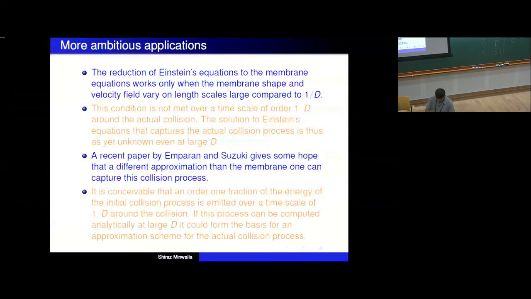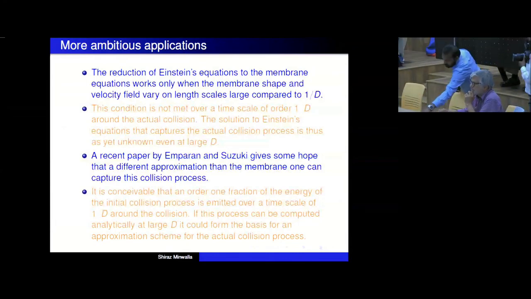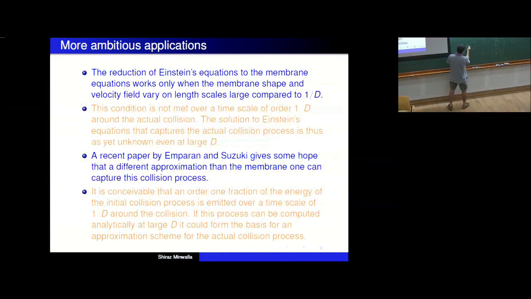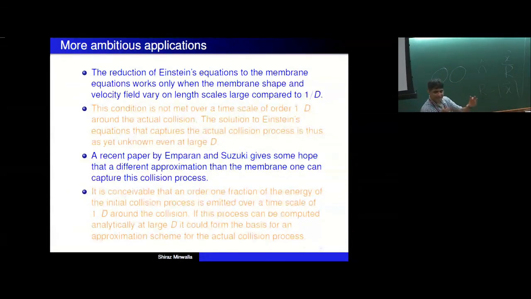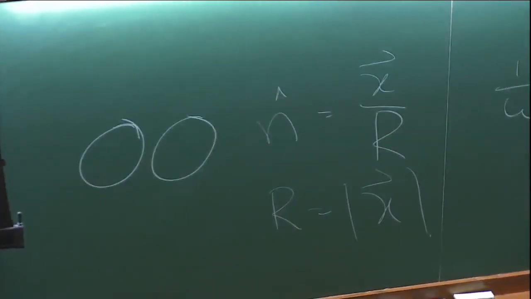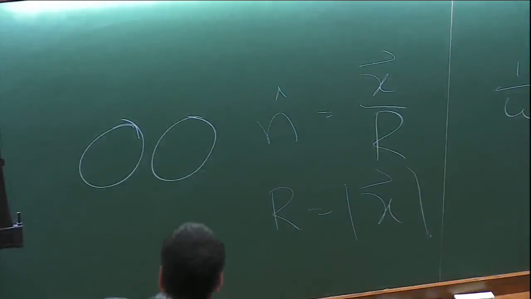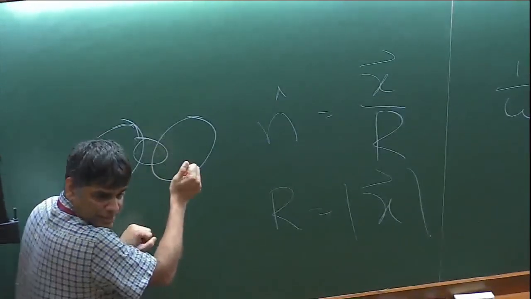Yeah, so, okay. I didn't say it well enough, but when two black holes come together in large D, each of the initial black holes is a spherical membrane or a rotating ellipsoidal membrane. Those are easy, of course, to compute. Now there is a region of time when they collide in which our membrane equations don't apply.